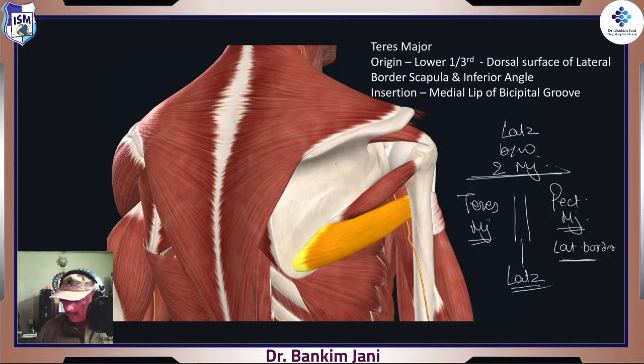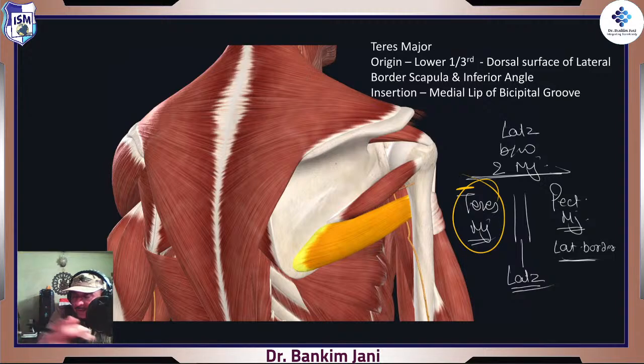Now our area of focus right now is teres major. This teres major is going on the anterior surface and it is connecting to the medial lip. So when it contracts, obviously it will lead to what movement? It will be a medial rotator. Got it? Because the muscle is connected on the medial aspect, coming from the back.